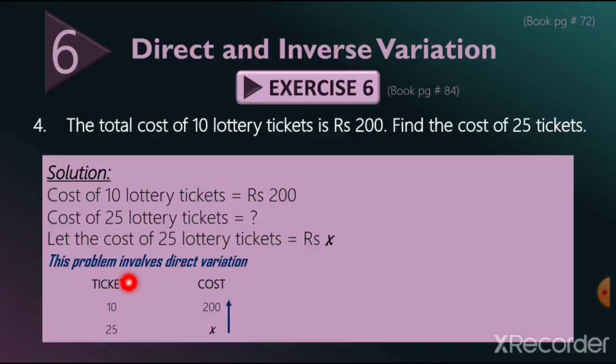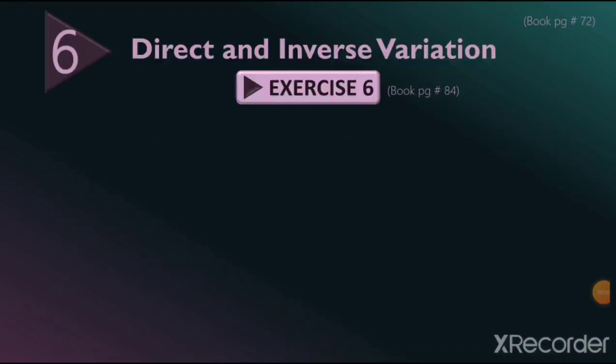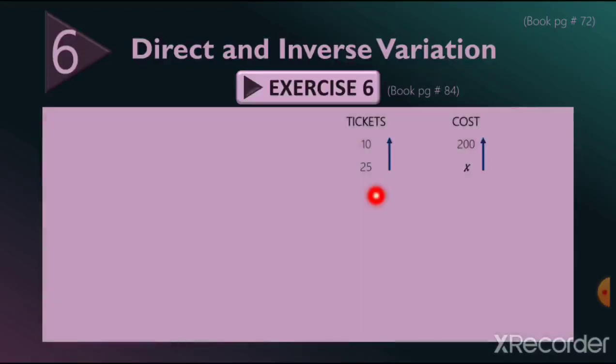For the second term, we always focus on the variation, either it's direct or inverse. If it's direct variation, the arrow will move in the same direction. So now we are moving towards this. I have drawn it again just for my comfort or your comfort.